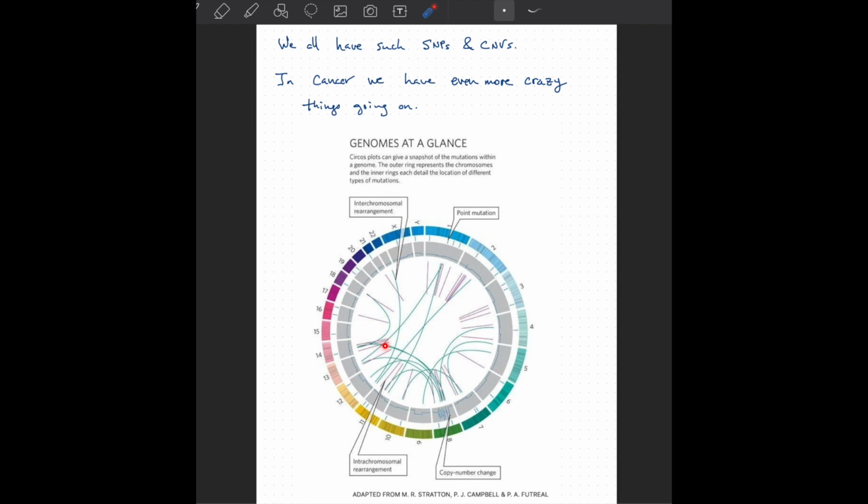Okay, and you can see here that there's not just one or two of these events. There's sometimes many such events of these chromosomes combining in all sorts of strange ways, and the copy number gains here are very, very significant. There's many of them on chromosome 8, in addition to many more simple polymorphisms, point mutations, and small insertions and deletions.